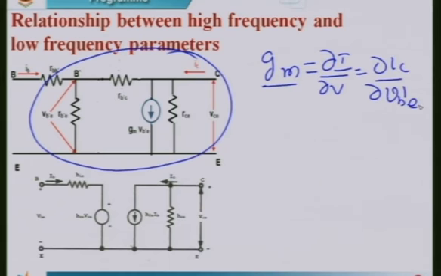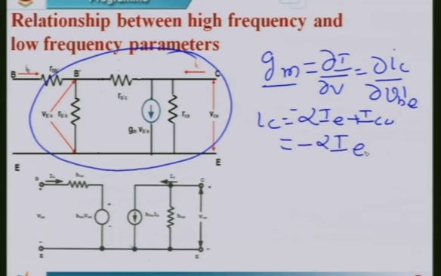For this current relation, we need to do the derivation. We know that I_C is given by minus alpha times I_E plus I_CO, where I_E is the emitter current, alpha is the ratio of charge carriers at the collector to the charge carriers at the emitter, and I_CO is the reverse saturation current. If this reverse saturation current is negligibly small compared to I_E, then I_C is approximately equal to minus alpha times I_E.